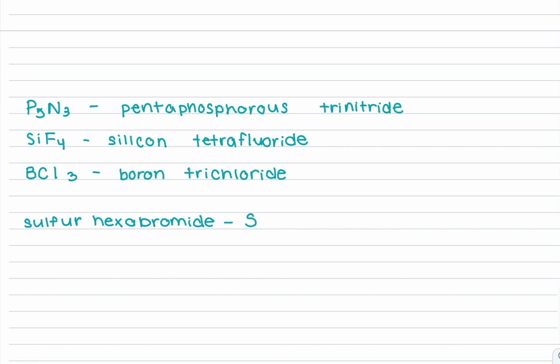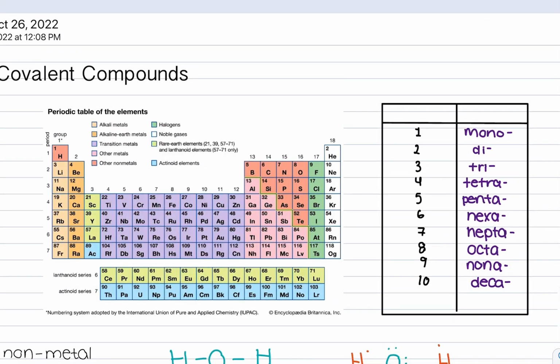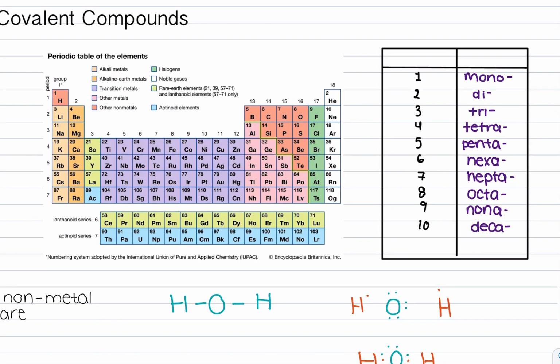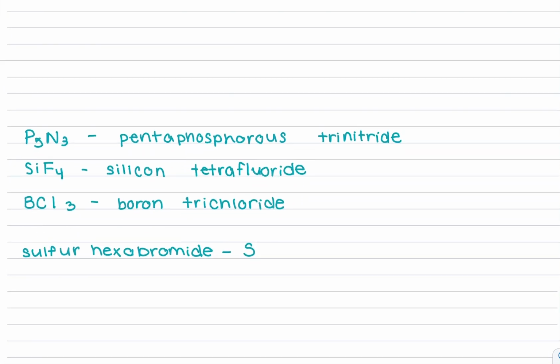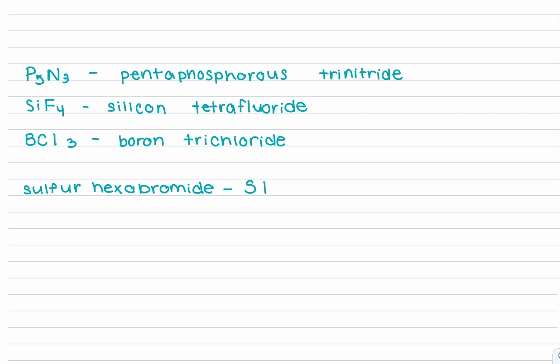And then we have hexabromide. So we know bromide is Br. And then we need to figure out, well, what does hexa give us? If we look at our table, hexa refers to 6. So that means there has to be 6 bromides. Just like that.